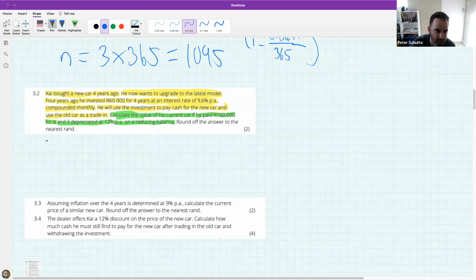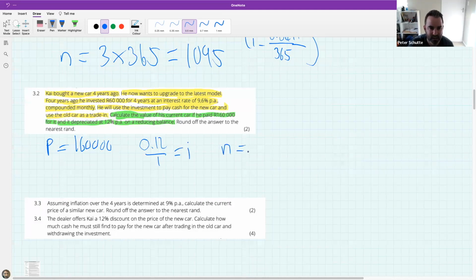Originally he paid 160,000 for it, and it's depreciating at 12% per annum on the reducing balance method. And there's no mention of days or anything, so the rate is just over one.